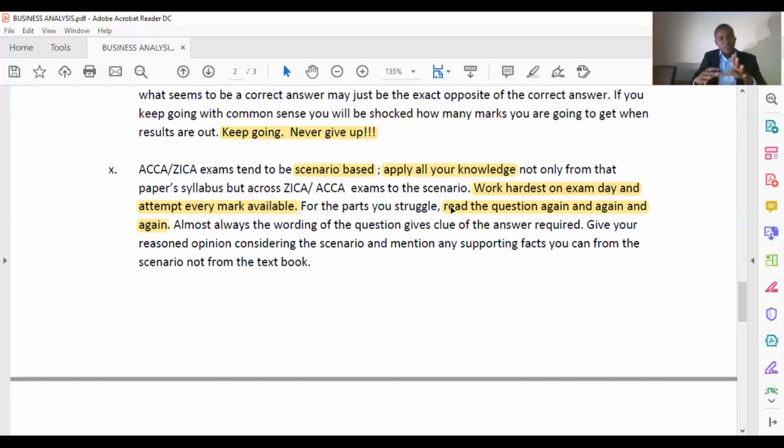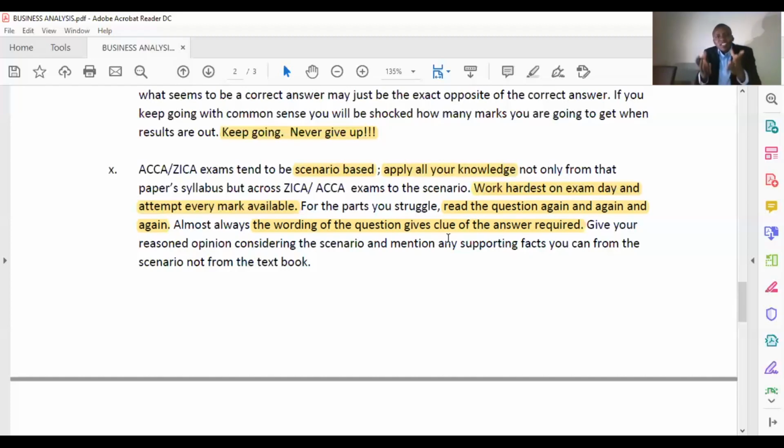Because why I'm saying read again is that almost always the wording of the question gives you a clue of the answer that is required. So if you read the question properly, you're going to find that the wording of the question will give you a clue of the answers that are required. There is always a word in the paragraph, there is always a word in the sentence, there is always a word in a question that gives you a clue of what the examiner might be looking for.